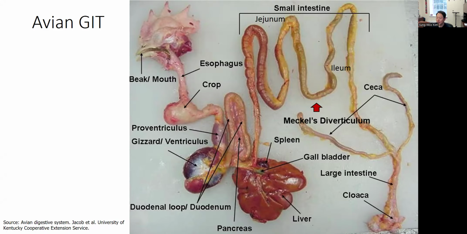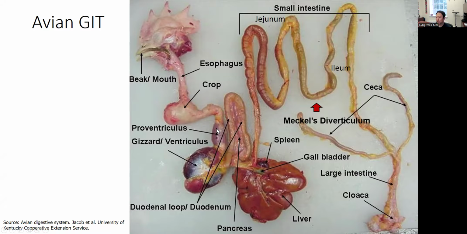The first part is called the proventriculus, which is before the ventriculus. And the second part is called the ventriculus, also called the gizzard. Gizzard is another, more commonly used term. Okay?